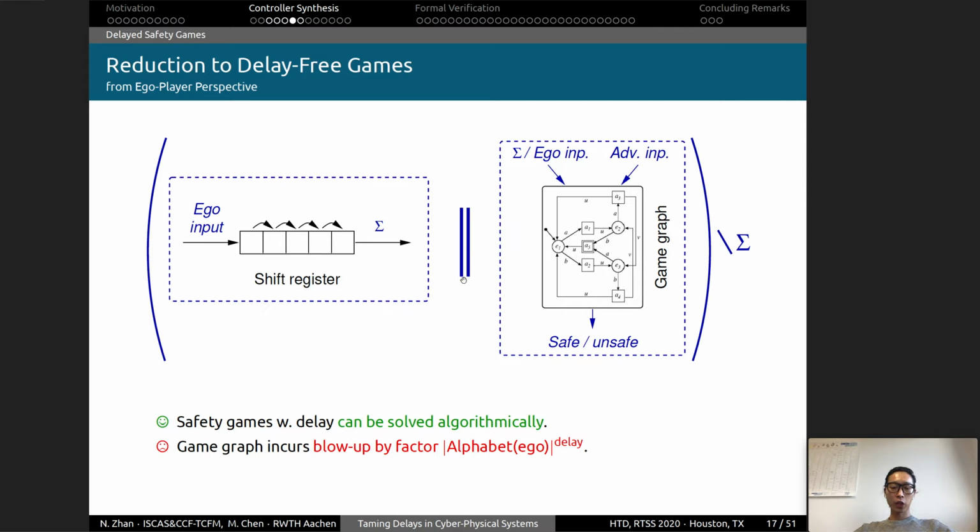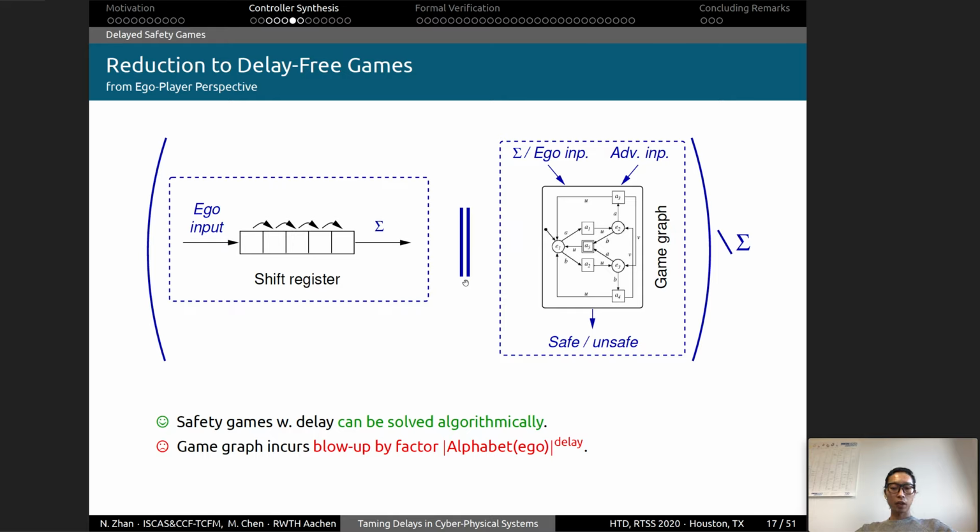Because after this reduction, there's no delay anymore, and we have a delay-free game, and there is already a decision procedure for checking whether player one is winning or not.